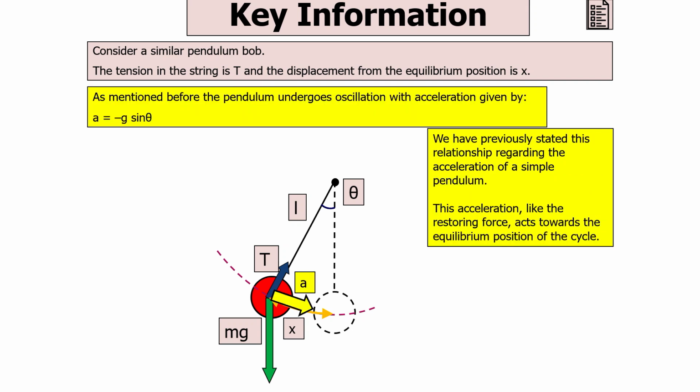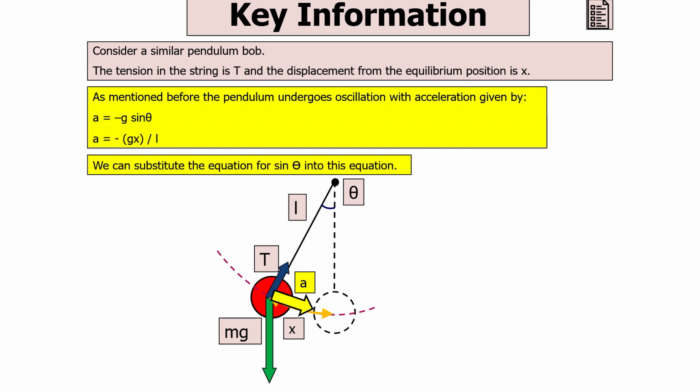Now, we know that the pendulum undergoes oscillation with an acceleration given by a is equal to minus g sine theta, and we've also previously stated the relationship regarding the acceleration of a simple pendulum. It always acts towards the equilibrium position of the cycle.